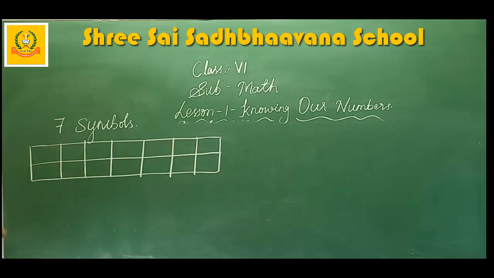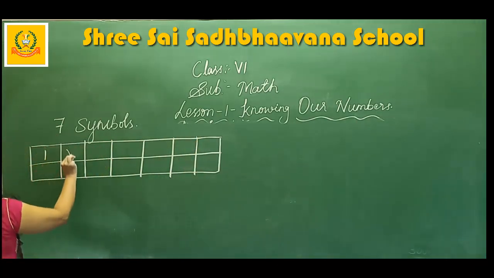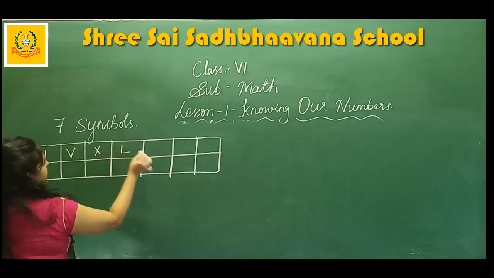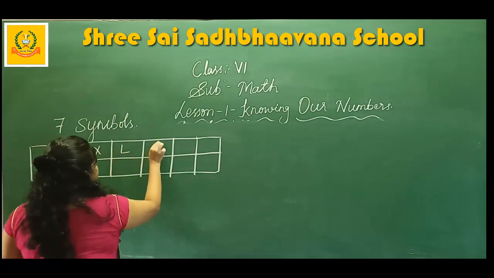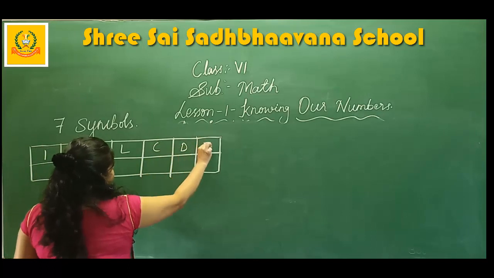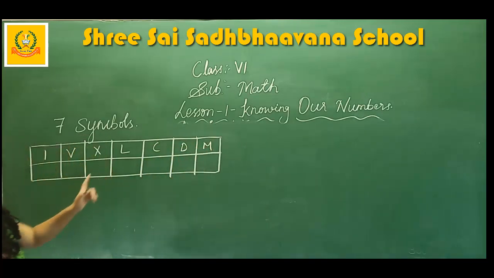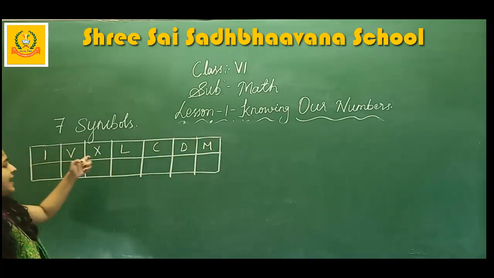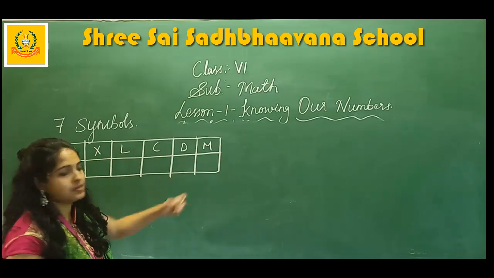These are the 7 symbols. We will write I, V, X, L, C, D, M.